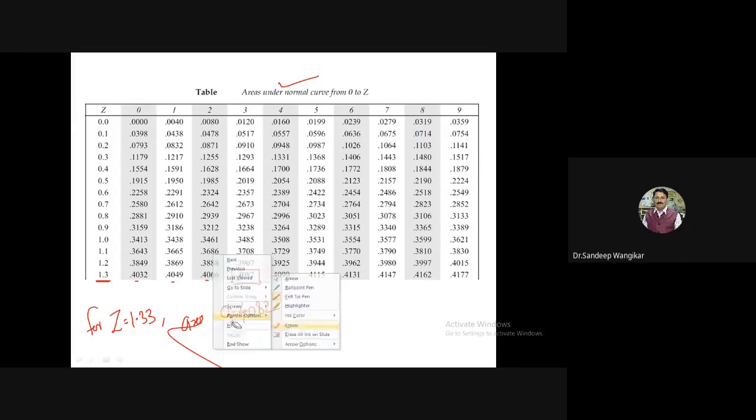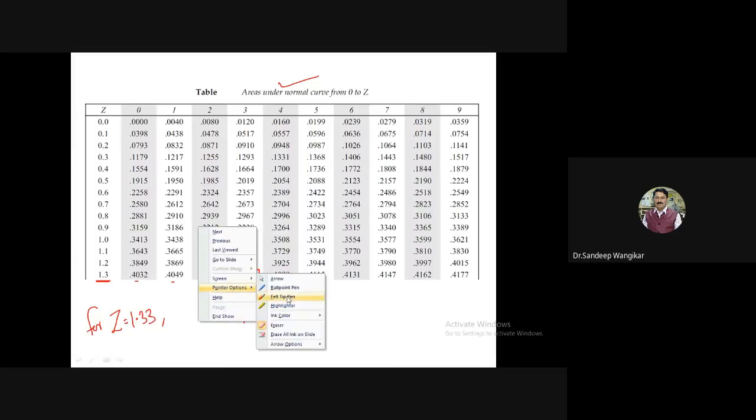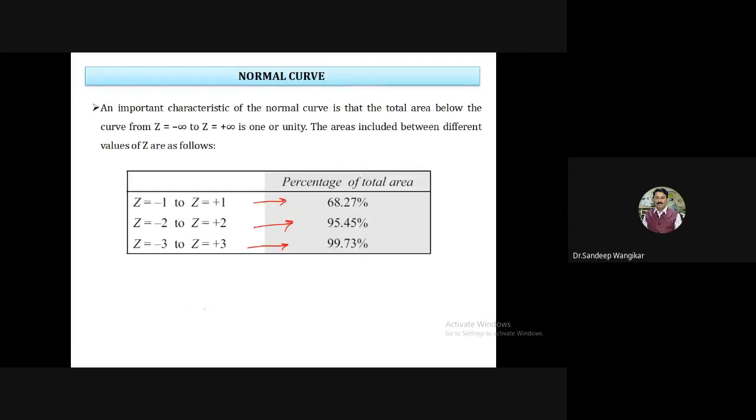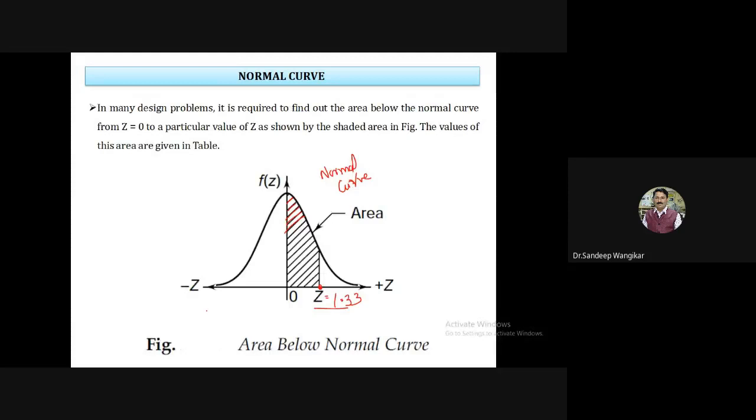Friends, you can write down this particular thing. So what you will get, this is nothing but the area. So how to use the table, that again we will discuss in numerical, but just now it is an example. So it is not always the case that your values will be 1, 2, 3 for any normal curve.